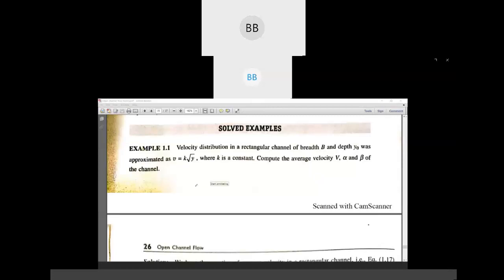After that, if you remember the alpha equation, it is the integration from 0 to y naught of small v by capital V whole cube, dA by capital A. So to find this, we need small v and we need capital V. For small v, we have that expression.